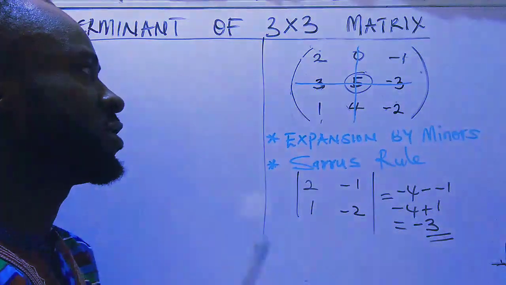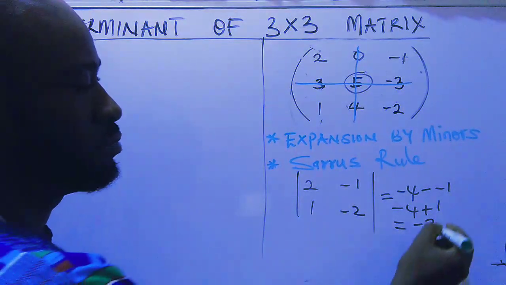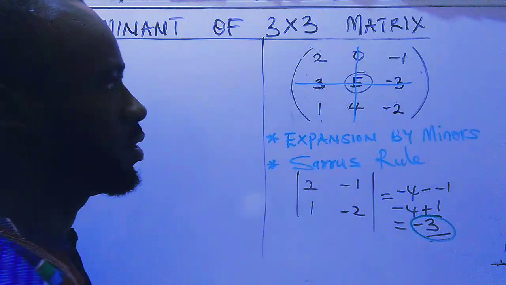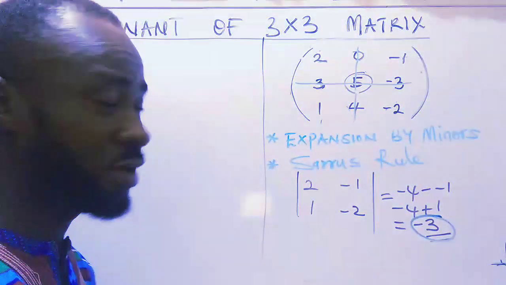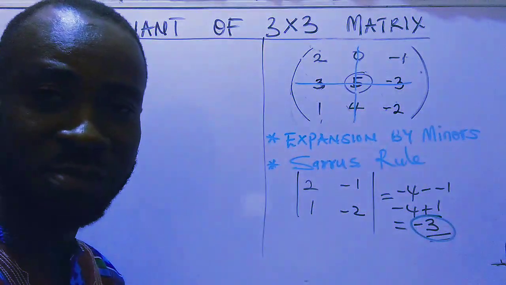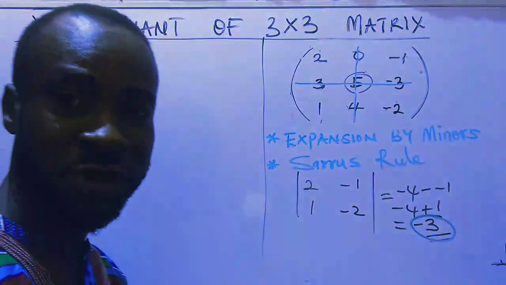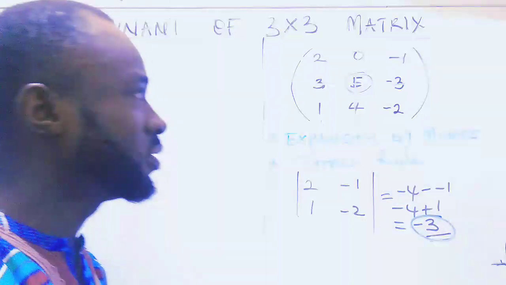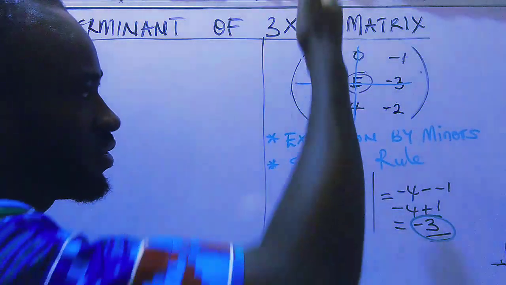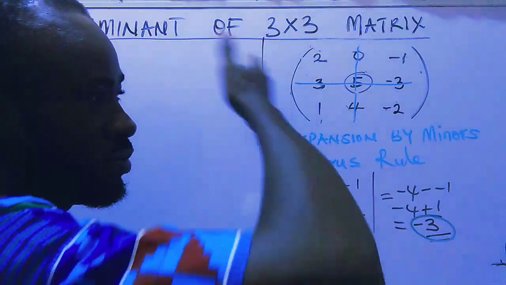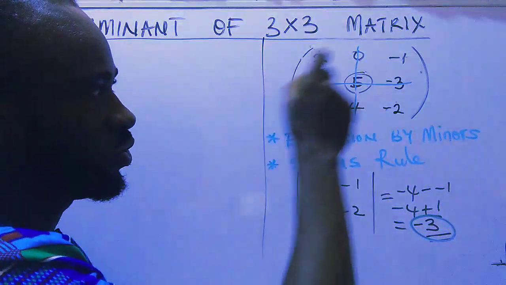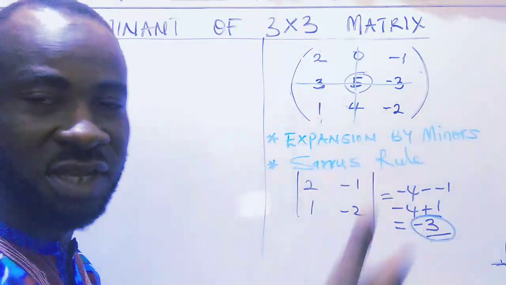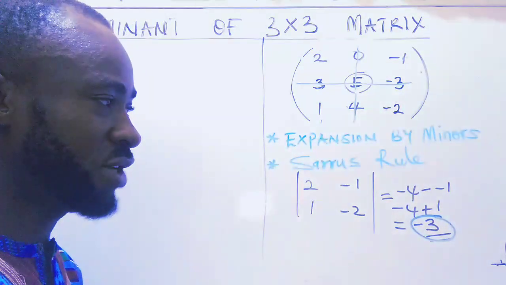Which means that the minor of 5 is minus 3. So that is how to get a minor. Very easy. Let's recap: to get the minor, cross out the column and the row where that element belongs, and use those that are left to form the determinant of a 2 by 2 matrix.